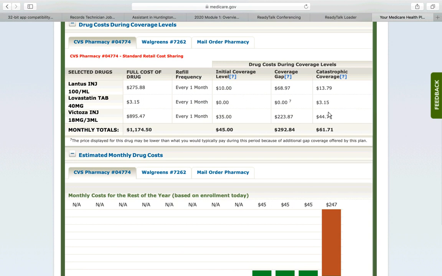But on the high-cost medications, they're going to be paying 5% of the cost of the drug. That 5% is what this is right here. Okay. Now, Central Health Plan uses all standard pharmacies, so cost is going to be virtually the same depending on what pharmacy they go to.